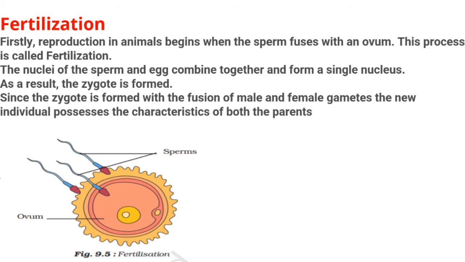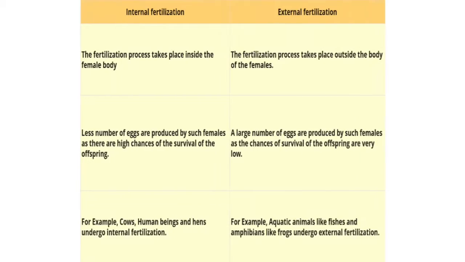Since the zygote is formed with the fusion of the male and female gametes, the new individual possesses the characteristics of both the parents. So, fertilization is a process where the male gamete, that is the sperm, and the female gamete, which is the ovum, fuse together and form the zygote.